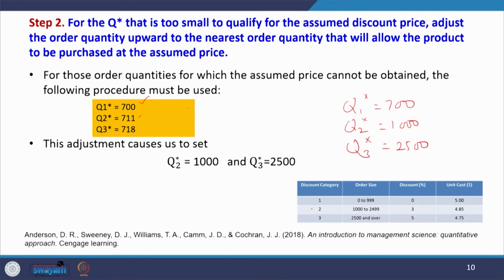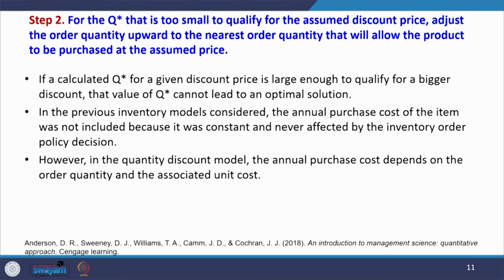Okay. So, that we cannot consider the option 1, because the Q1 star is exceeding the first interval, it goes beyond 999. So, that category of offer is not optimal. So, we have to omit the first option, then we have to do only for the second option.